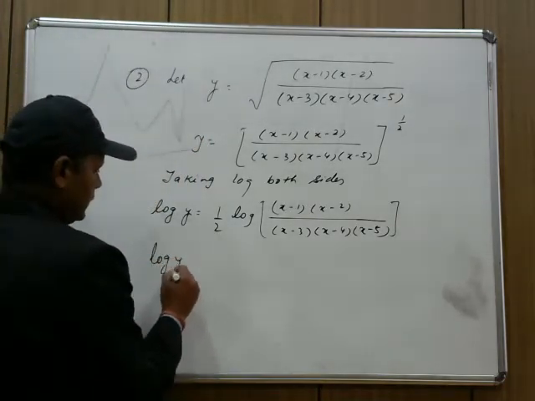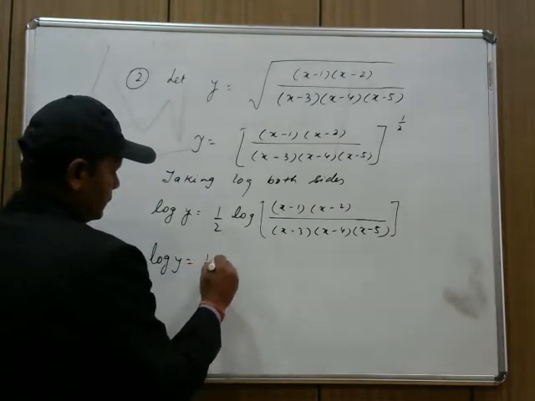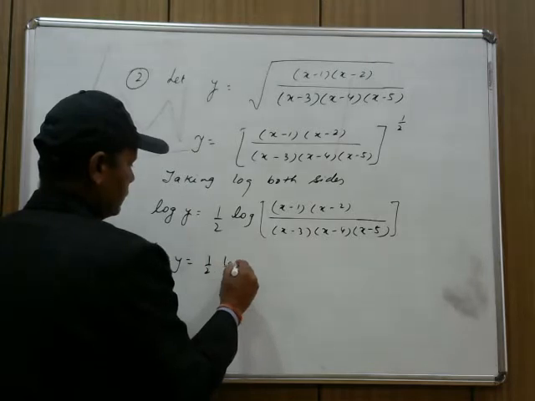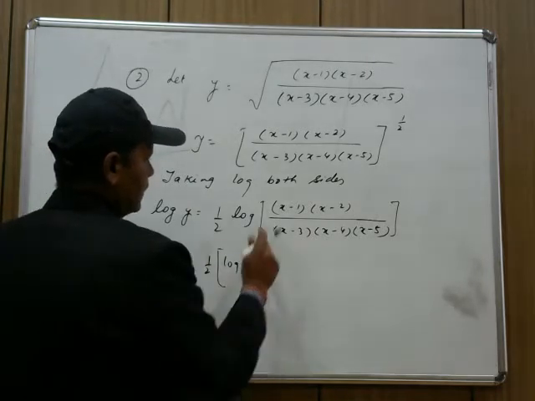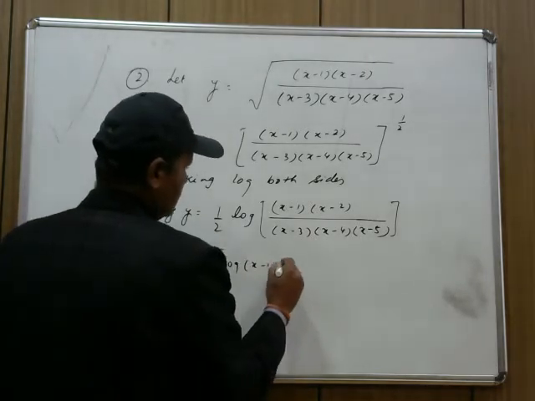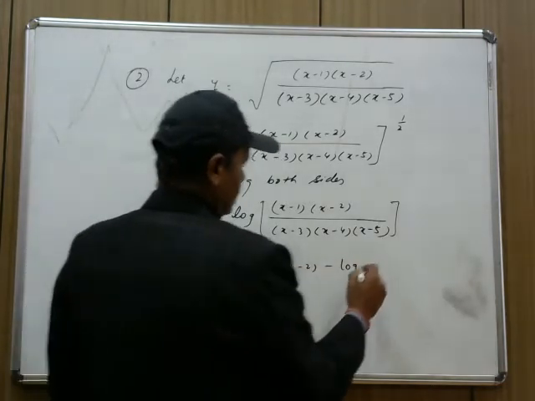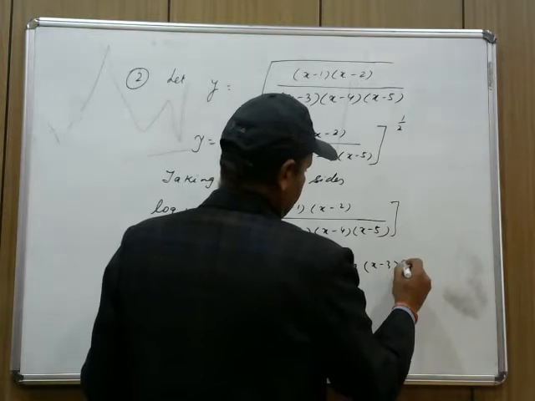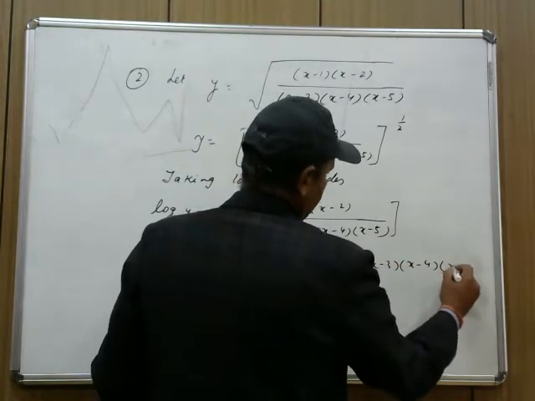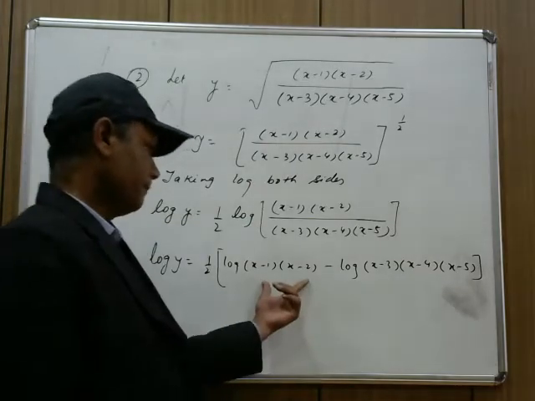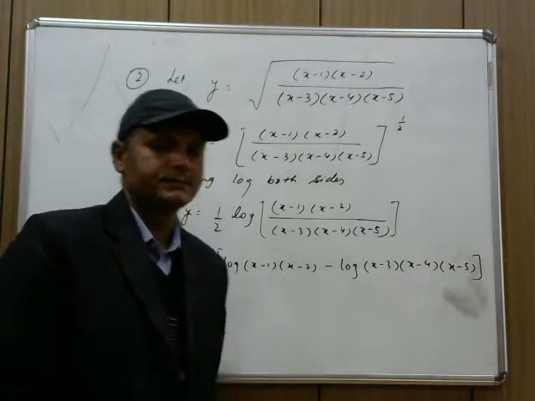Log of y is equal to half into [log (x minus 1)(x minus 2) minus log (x minus 3)(x minus 4)(x minus 5)]. Log m minus log n.